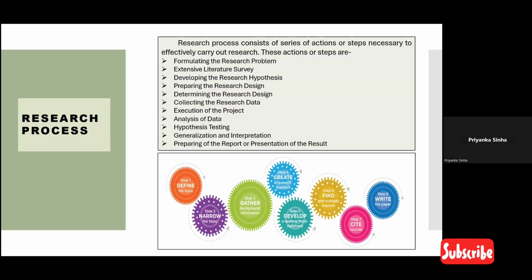Research process. A research process consists of a series of actions or steps that define the topic or define the problem, concise the topic, gather background information like extensive literature survey and review of literatures, and develop the research hypothesis, prepare the research design, and create some objectives or questions, collect the research data, that is primary or secondary data based on the type of research, find the sources, and analyze the data, hypothesis testing, and interpretation of the research.